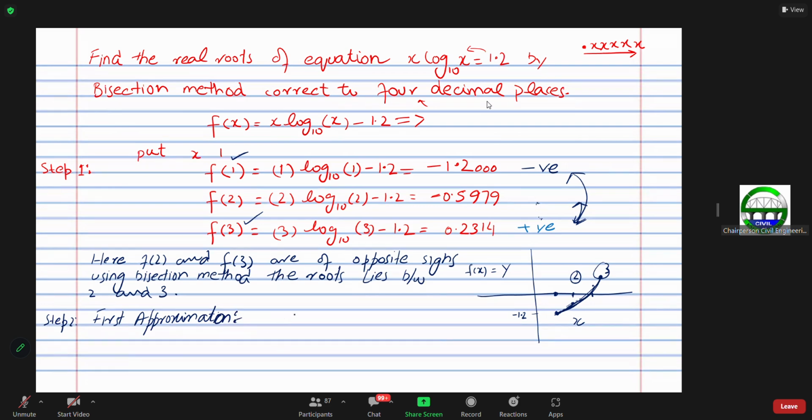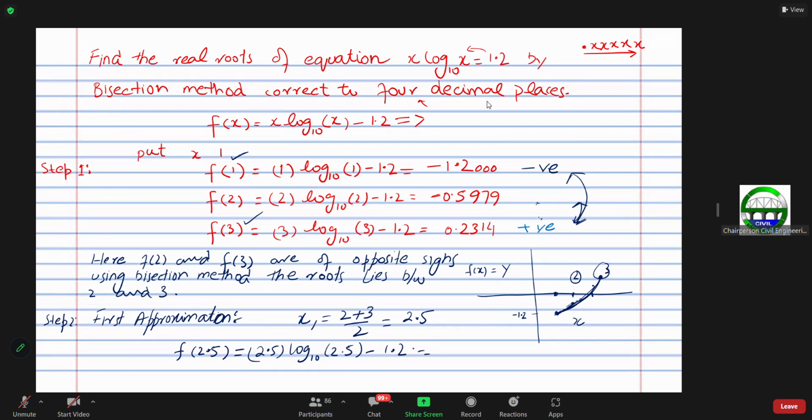Okay, so in the first approximation, x1 is equal to (2 plus 3) divided by 2, which is equal to 2.5, right? Now find the value f of 2.5, which will be equal to 2.5 log 10 of 2.5 minus 1.2.